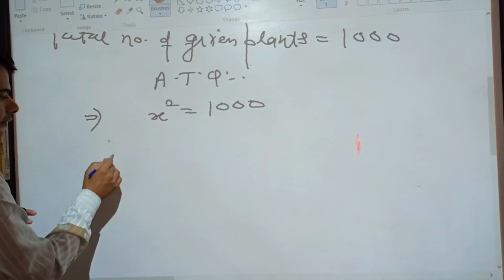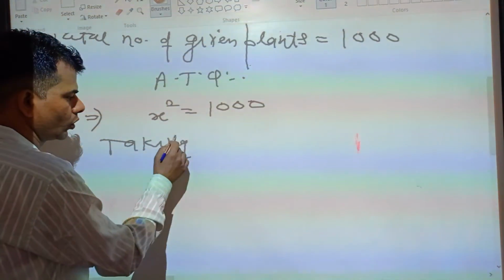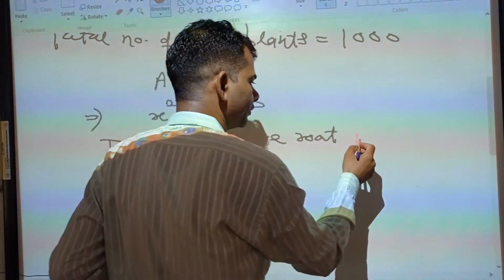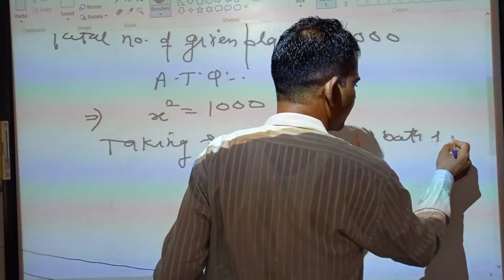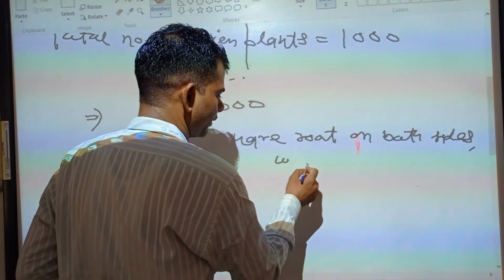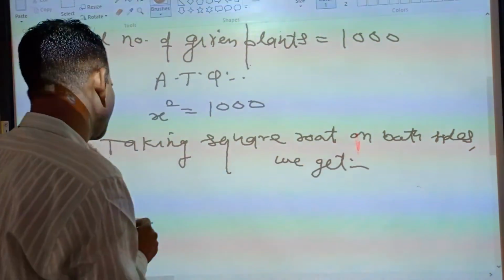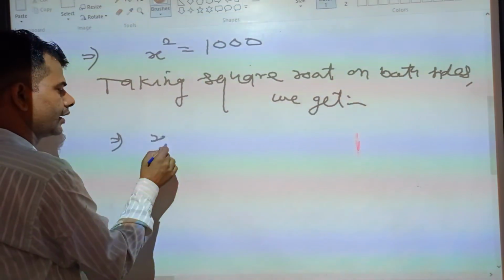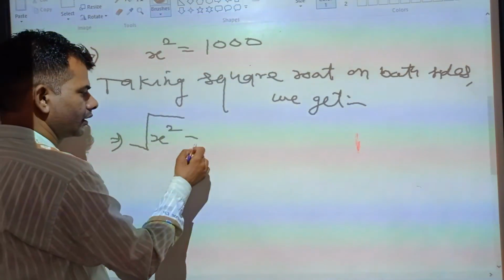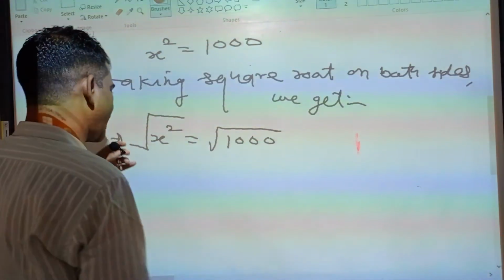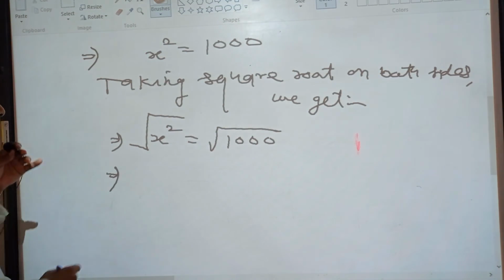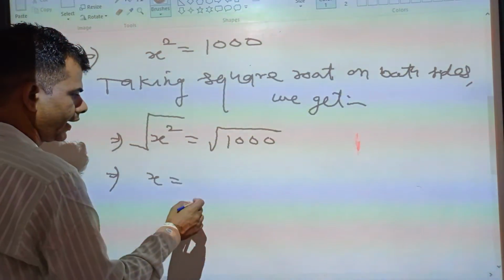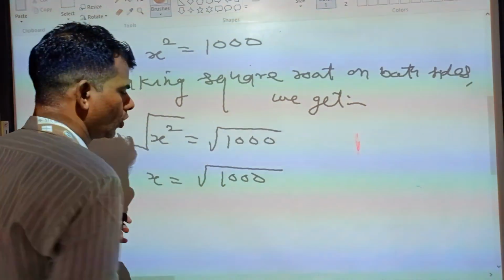Taking square root on both sides we get: square root of x square is x, and it is the square root of 1000.